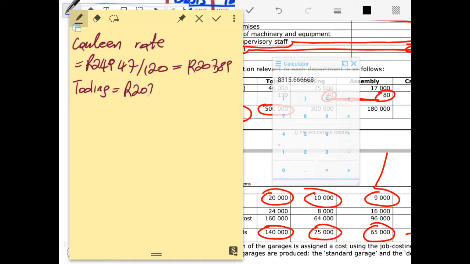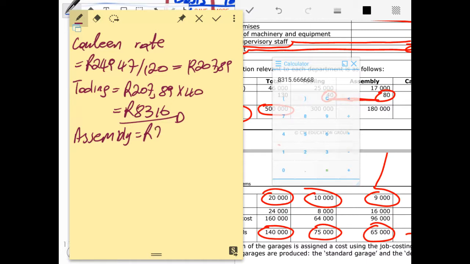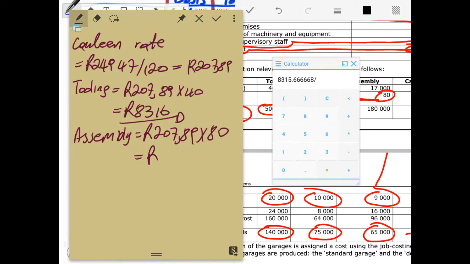It will be 207.89 times 40, that will be 8,316. Then in the assembly department, we say 207.89 times 80 employees.